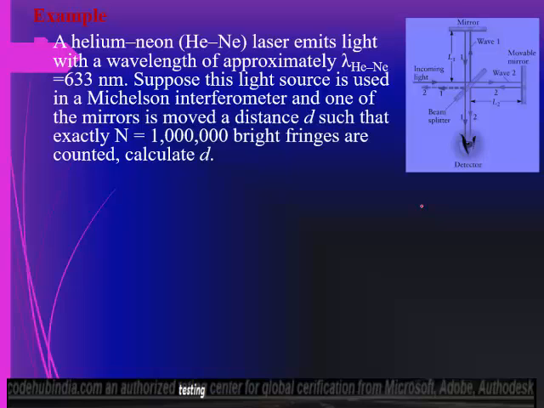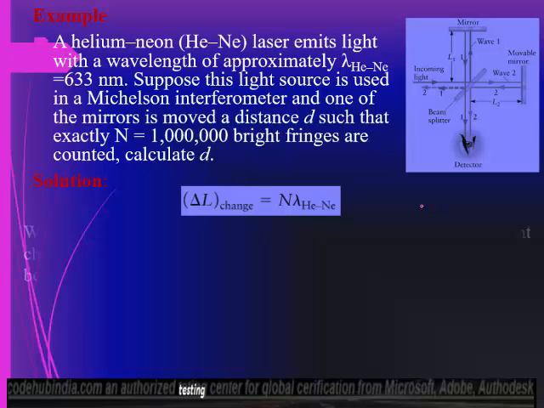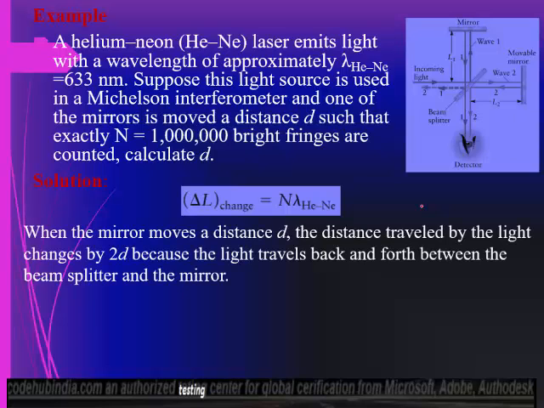Now what is the thing here? We know that 2L2 minus 2L1 is called delta L. That is n lambda, and when the mirror moves a distance d, the distance traveled by the light changes by 2d, back and forth of the mirror. So delta L, 2L2 minus 2L1, is equal to 2d.